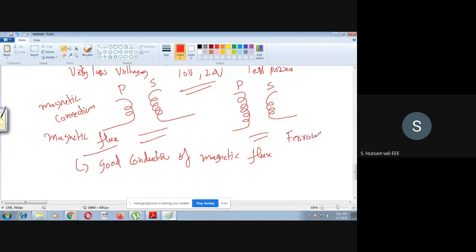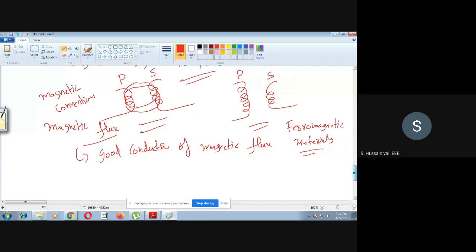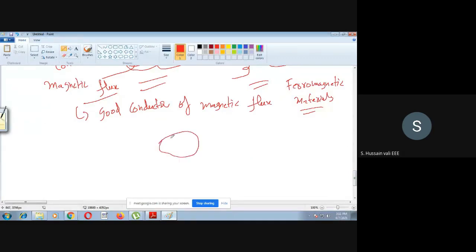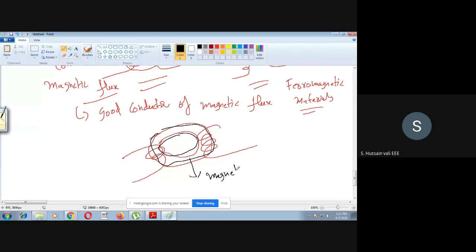Generally, ferromagnetic materials can be considered as good conductors of magnetic flux. So between primary and secondary, we put another one. We generally call it a magnetic core, something like this, and on that we put the windings. This structure, we call it the magnetic core.